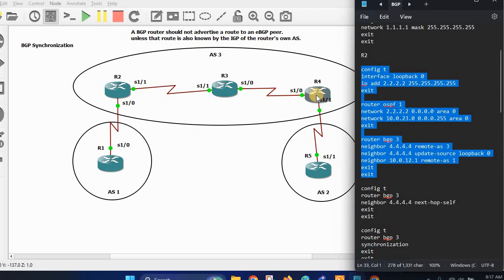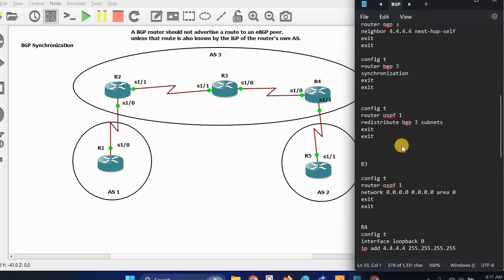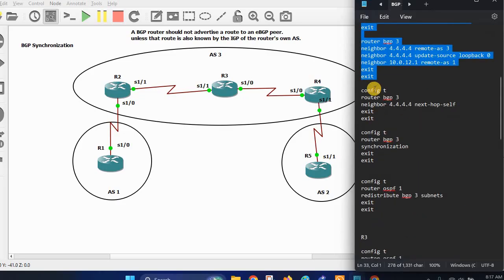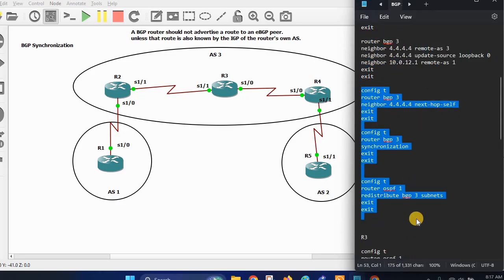R4 is the neighbor using its loopback IP 4.4.4.4 with update source loopback 0, and R1 at 1.2.1.1 is the eBGP neighbor. This is the configuration of R2; the rest we will see later.